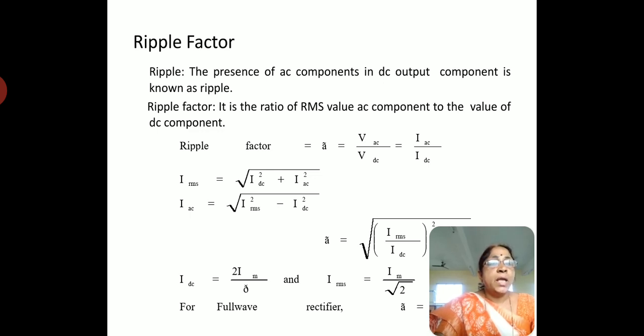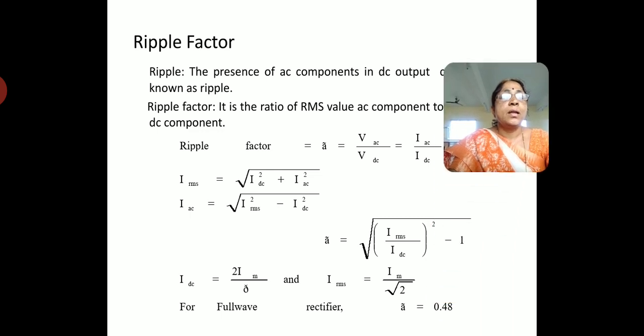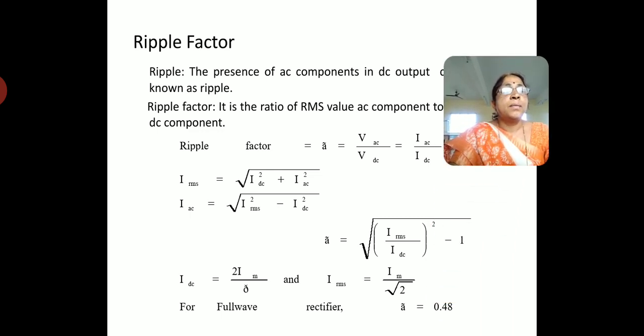So by taking IAC outside, it becomes the square root of IRMS square minus IDC square. So by substituting these values, that is IRMS and IDC, we get the ripple factor gamma equal to the square root of (IRMS by IDC) whole square minus 1.